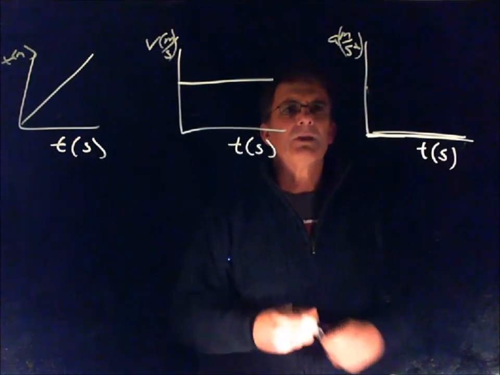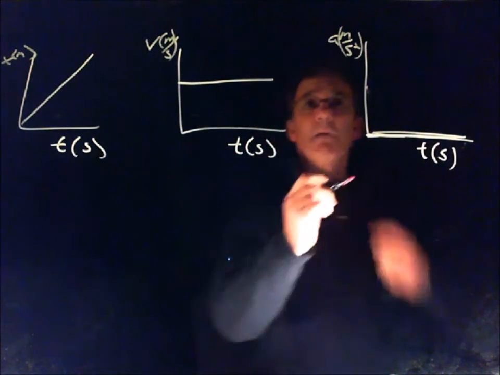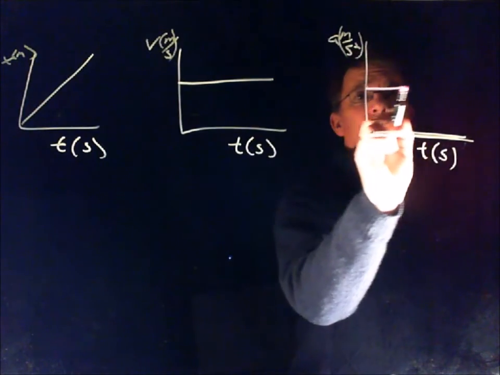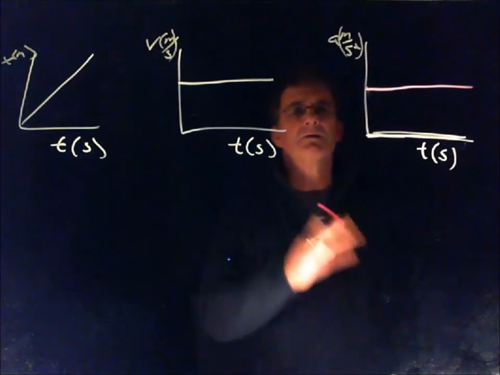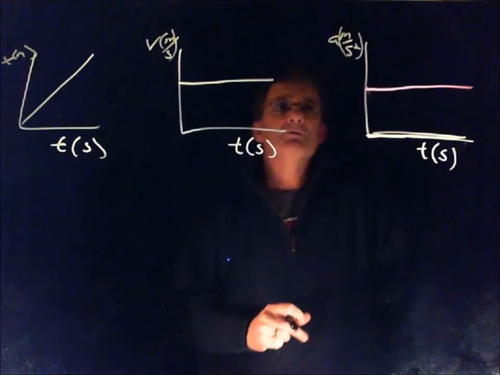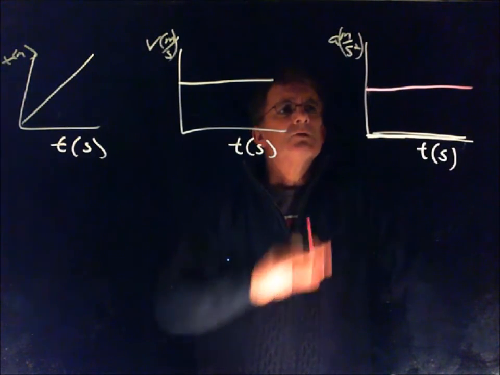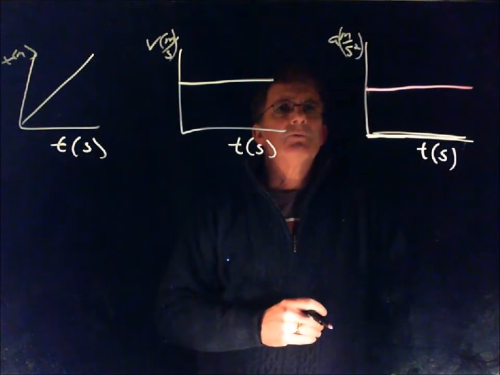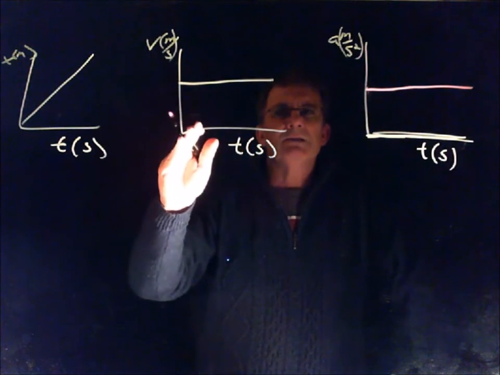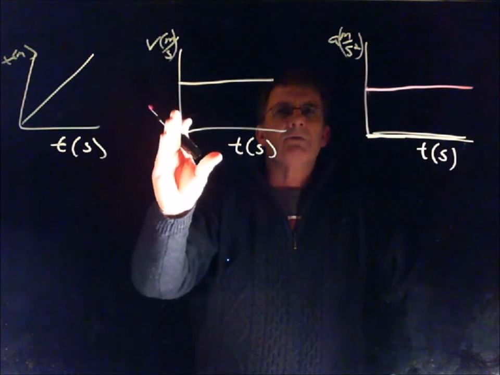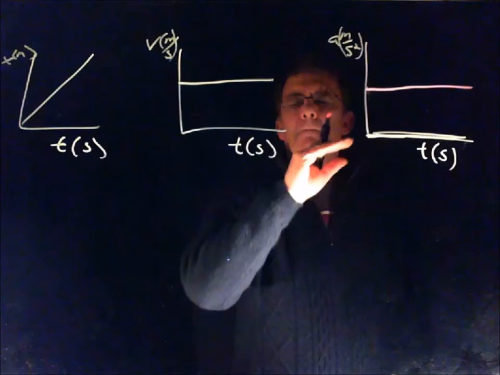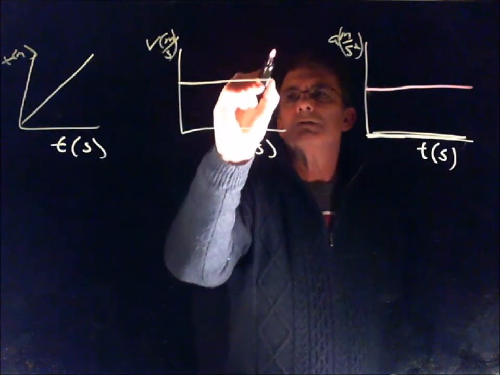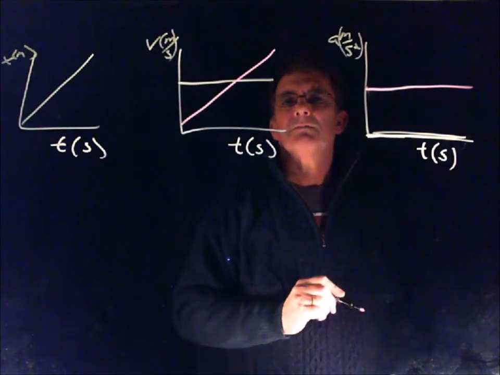So now let's look at what happens if we have a constant positive acceleration. We can't have a constant negative acceleration, that's acceleration due to gravity. And so we have a constant positive acceleration. On the velocity graph, I should have a constant positive slope, something that looks like this.